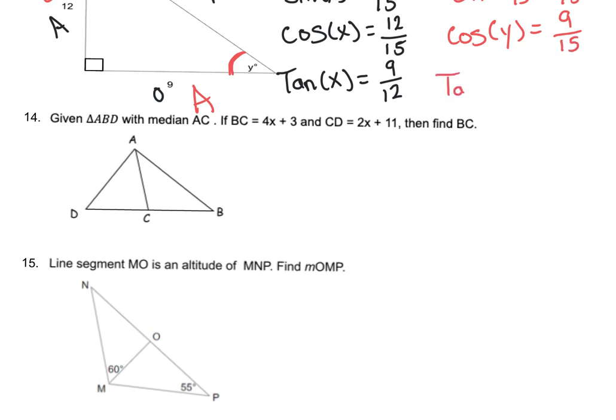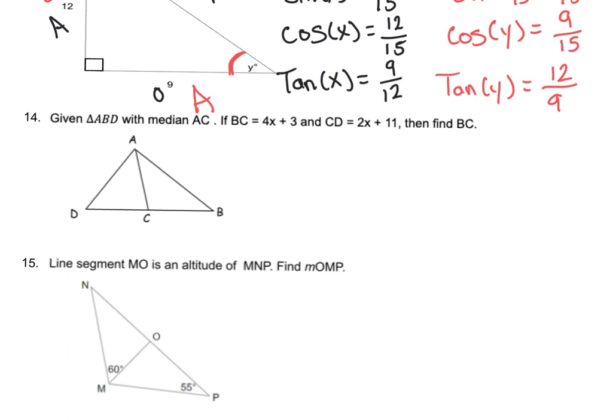Let's look at tangent of angle y. And again, we're still in the red here, right? Because we're using y as our reference angle. So looking at the red, tangent is O over A, so that'd be 12 over 9. And again, all three of those equations, you press the second key first, put it in your calculator, you'll get the same answer for y on all three of those.